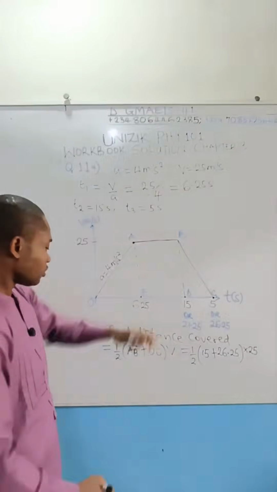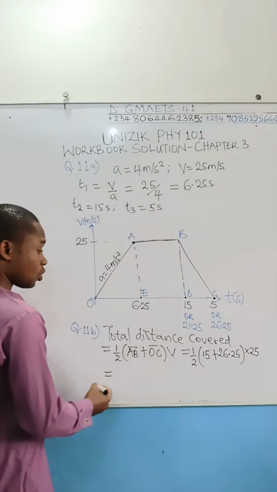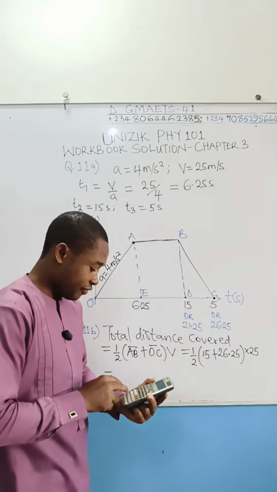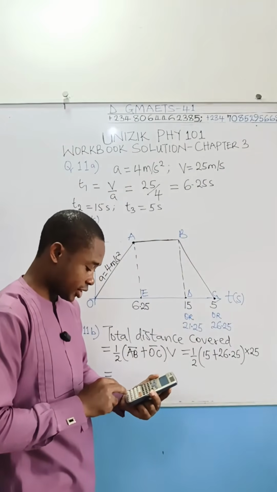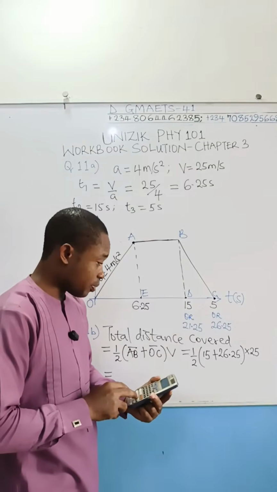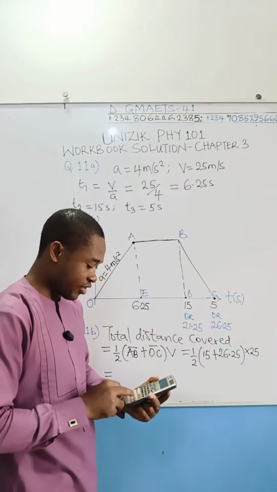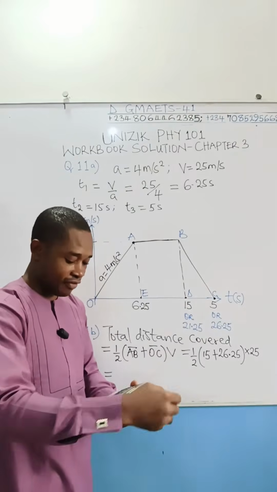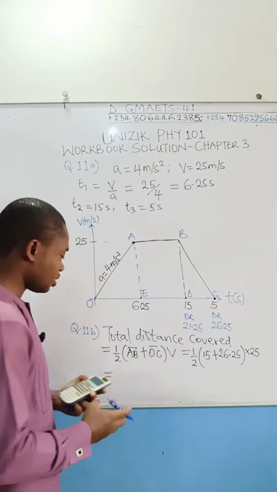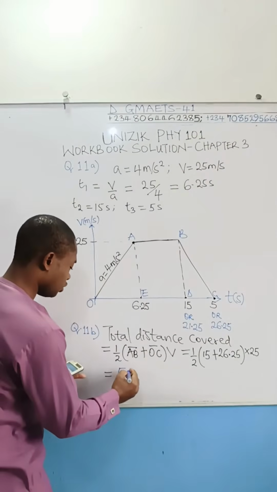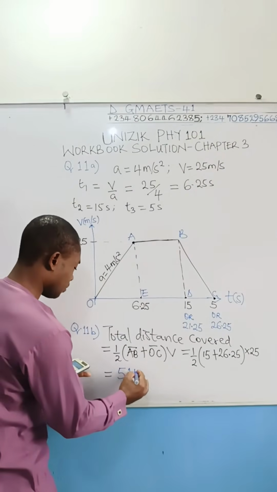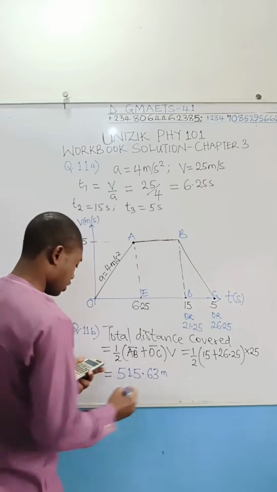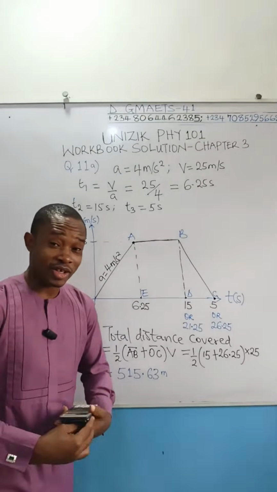Reach for your calculator, add 15 plus 26.25, multiply it by 25, and divide whatever you get by 2. So this gives 515.625, approximately 515.63.